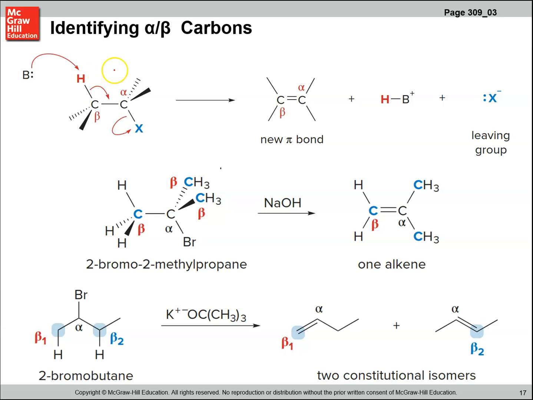So this base has options for which hydrogen to grab, but we'll talk about how to identify that one. What's going to happen is then we're going to be able to identify the alpha and beta. Between alpha and beta, that's where that double bond is going to form. And then again, we have that conjugate acid and then the leaving group compound as well. Here are some examples with 2-bromo-2-methylpropane, so just specific examples.